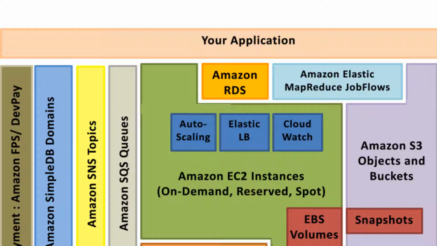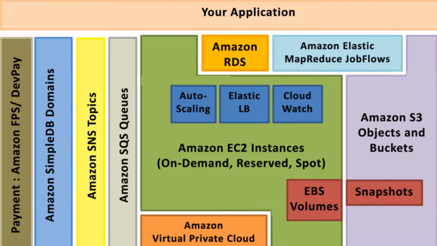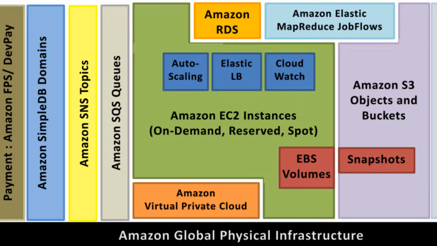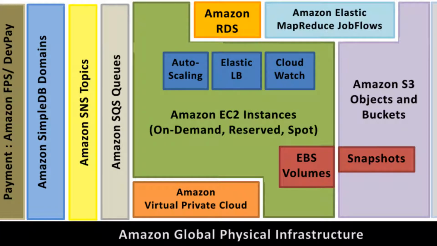Based on the CloudWatch metrics, your auto scaling would kick off. Then you have EBS volumes that are also cross region replicated. Then you have a virtual private cloud. That means you can create your instances in the cloud environment, that is a virtual network.